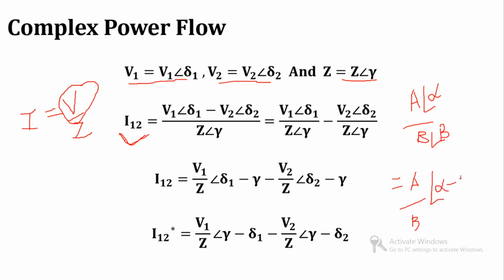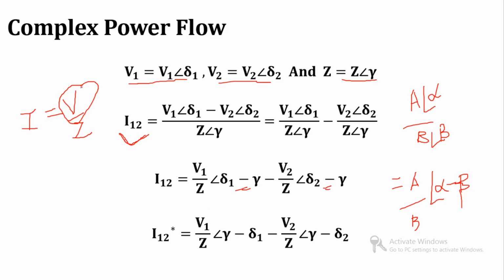So that is equal to alpha minus beta. So over here the division will be mod V1 by mod Z, and the resultant angle will be delta 1 minus gamma, and over here mod V2 by mod Z, and the angle will be delta 2 minus gamma.